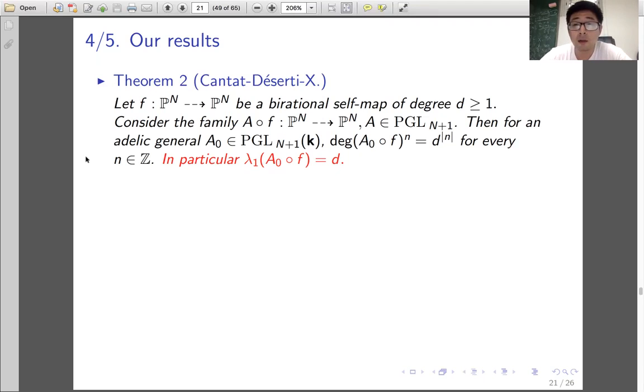Then for an adelic general element A_0 in PGL_{n+1}(k), we can show that the degree sequence of A_0∘F is just d^n for every n in Z. In particular, lambda_1(A_0∘F) equals d.